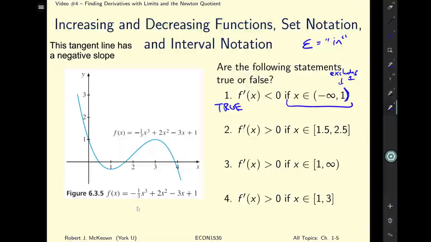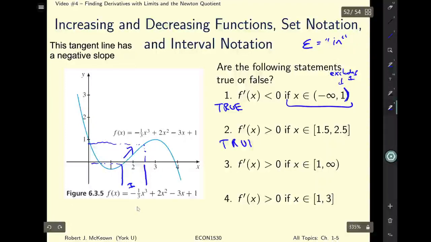So we're looking at the interval between these 2 points. And it looks to me like this is true. So 2 is true as well.